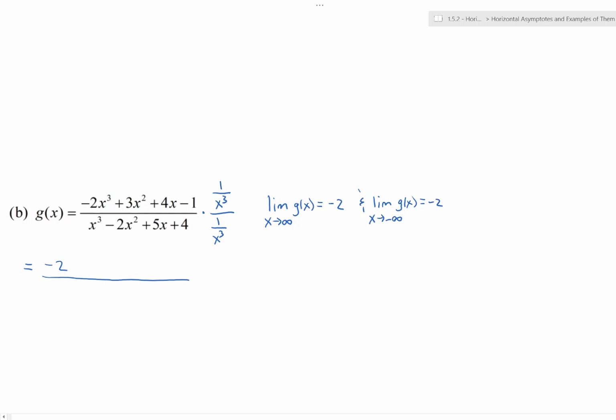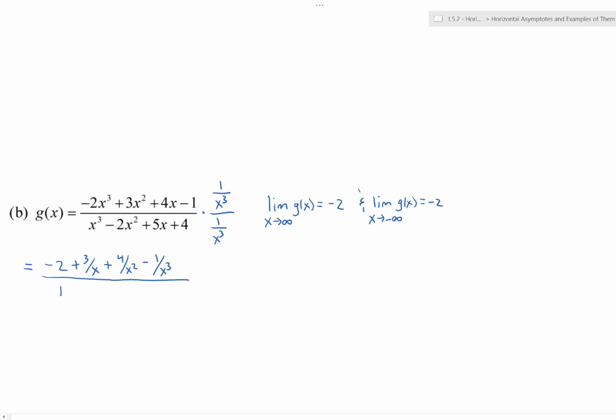3x squared times 1 over x cubed leaves me with a plus 3 over x. And then we're going to have another plus here. 4x times 1 over x cubed is a 4 over x squared. And then minus a 1 over x cubed. In the denominator, x cubed times 1 over x cubed is just a 1.